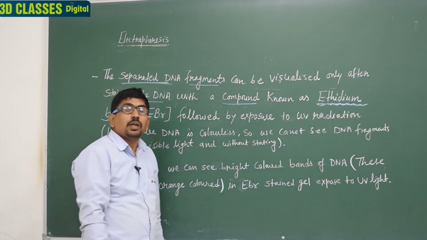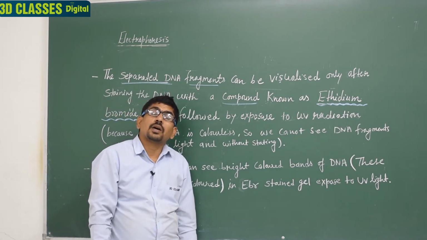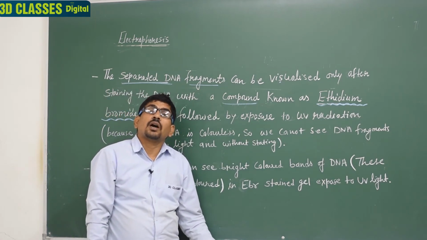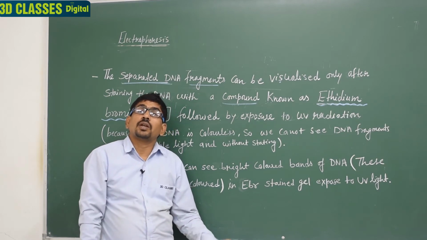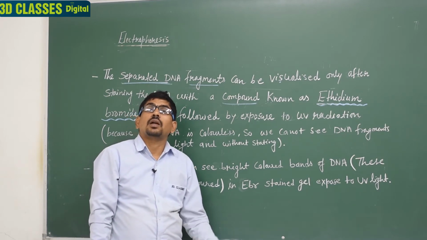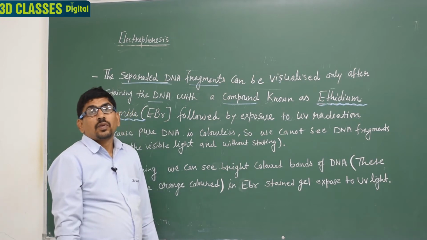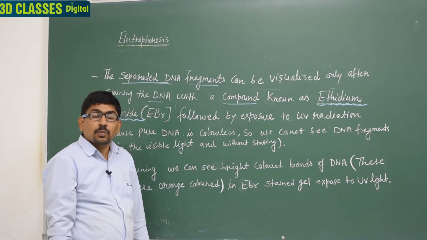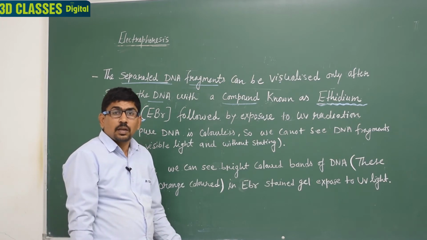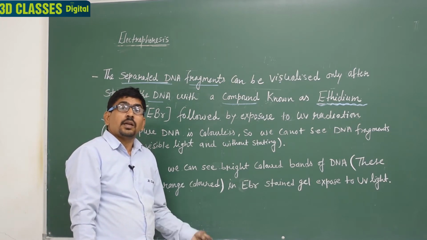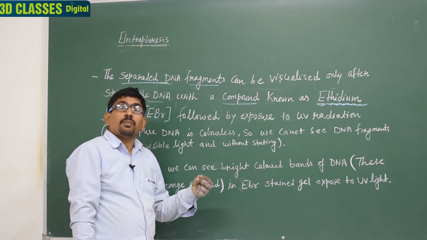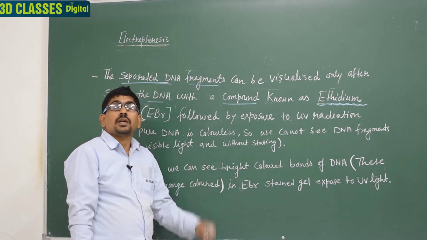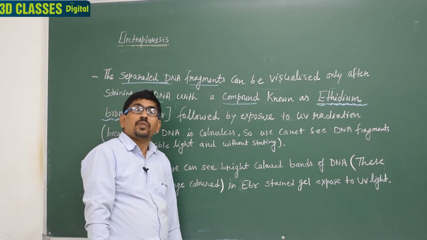So, here is a question for a medical exam: which stain is required for visualization in gel electrophoresis? The answer is ethidium bromide. Ethidium bromide is an orange color dye, orange color stain, and it gives bright orange bands in UV rays.